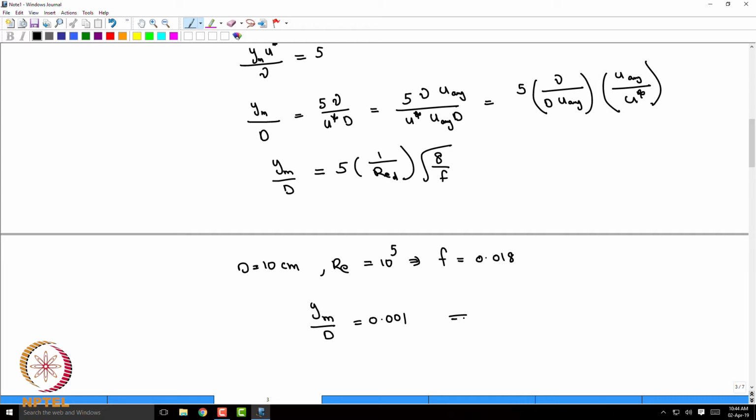So that would mean that if I have a 10 centimeter pipe, if D is 10 centimeter, Ym is going to be 0.01 centimeter. Okay, what is that? 0.1 millimeter. Okay, so if I take a pipe, let's say 10 centimeter diameter, the thickness of the wall layer is going to be very tiny, less than a millimeter, very close to the surface of the pipe. Okay, so that's the number that comes out to be.